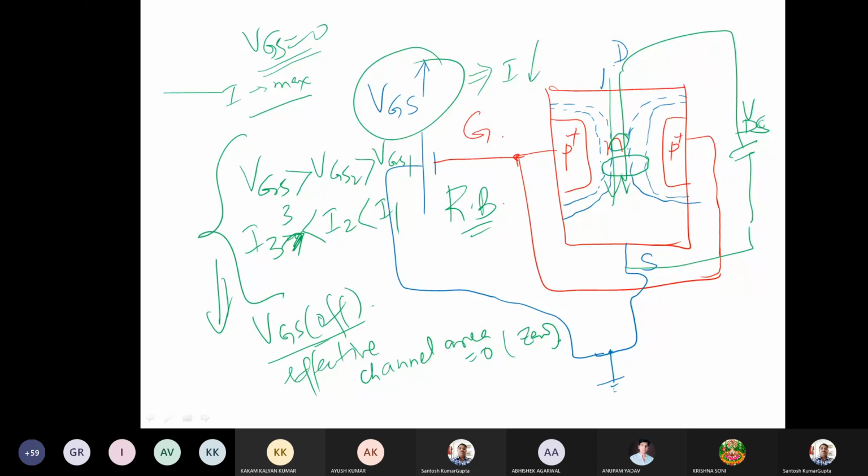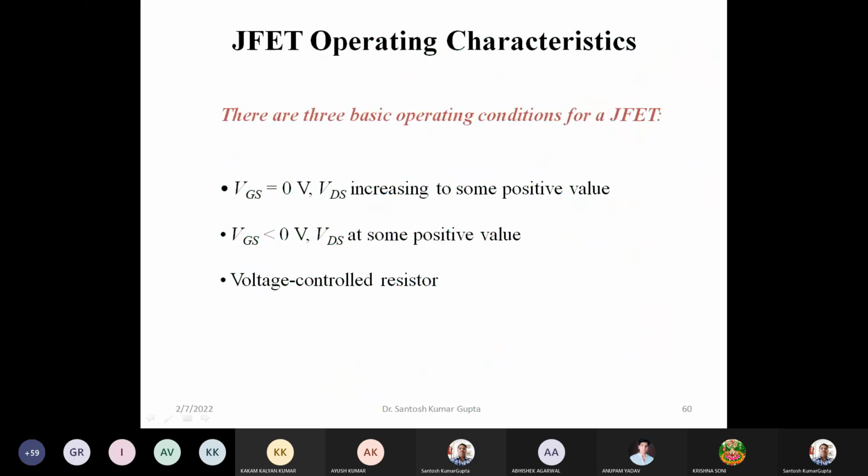So there exists a negative gate to source voltage which may effectively make the channel disappear by extending the depletion region more and more into the channel, and it can make the current zero for whatever VDS we apply, because there is no channel to exist.